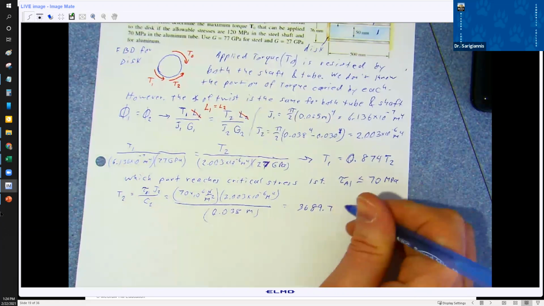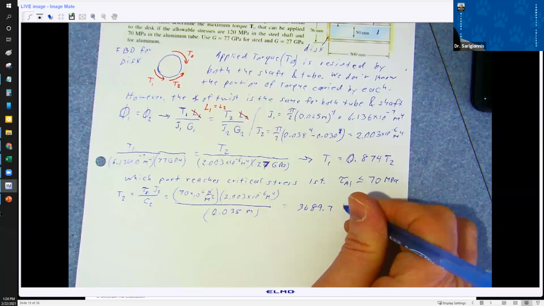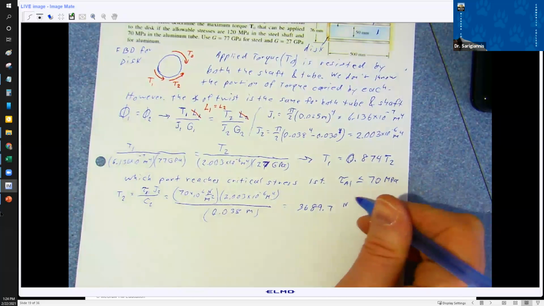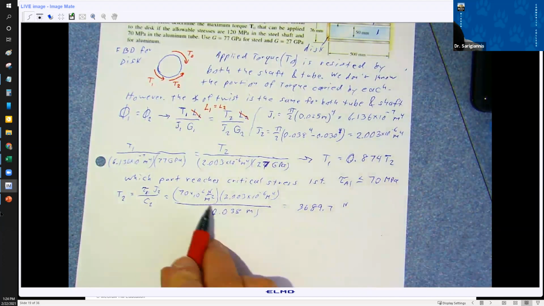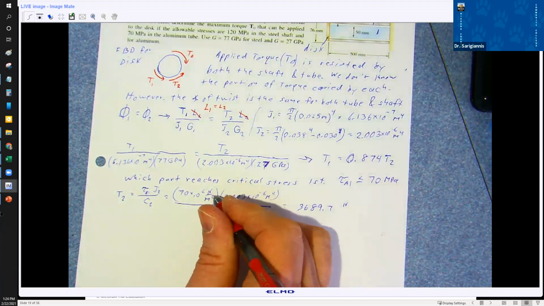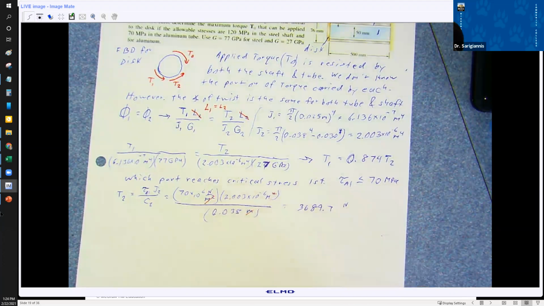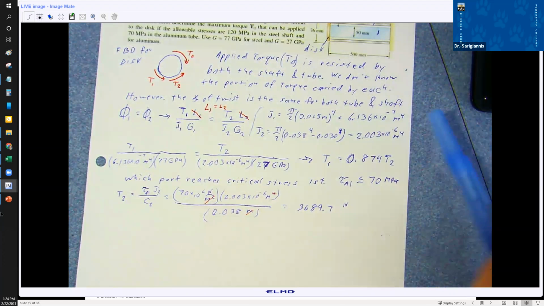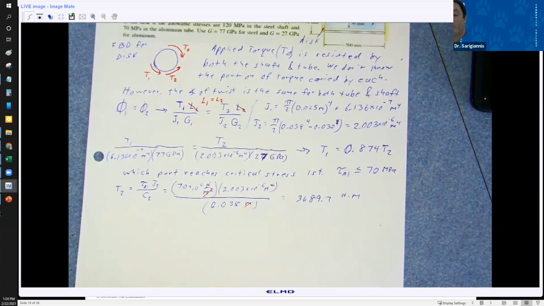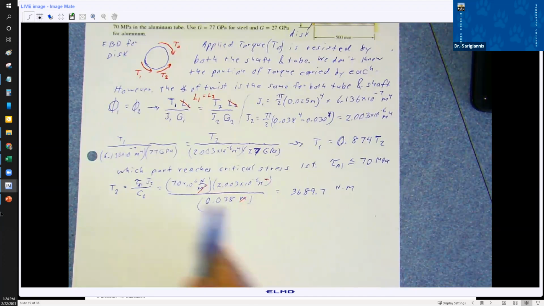We've got newtons. Okay, we're going to cancel out newtons here, and we're left with newton meters, which is what a torque should be, right?